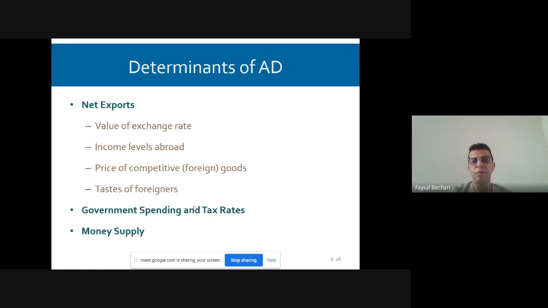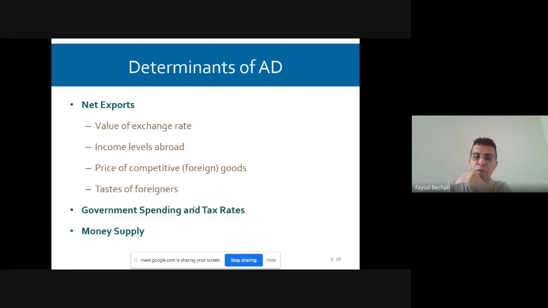Now, there's also net export. When the value of the exchange rate, say the Canadian dollar and the American dollar, we spoke about that, is higher or lower, it will definitely affect the amount of exports. I mean, exchange rates are affected, and then the amount of net export.